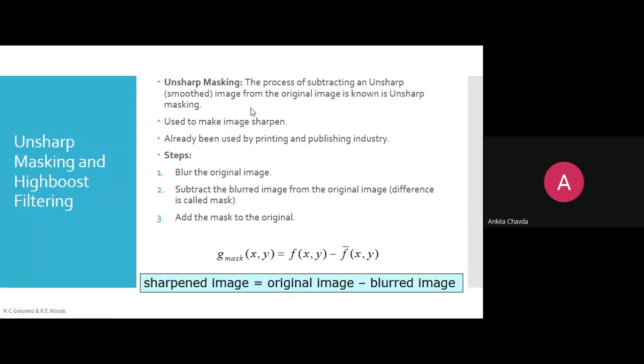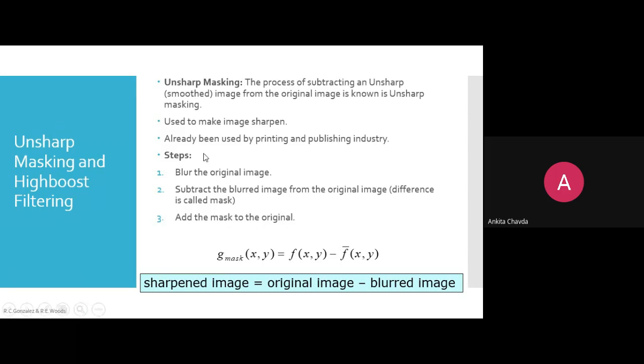If I have an original image and a blurred image, I can subtract it, and that process is known as unsharp masking. It is used to sharpen the image, and it has already been used by the printing and publishing industries, because they want to highlight the edges, obviously.